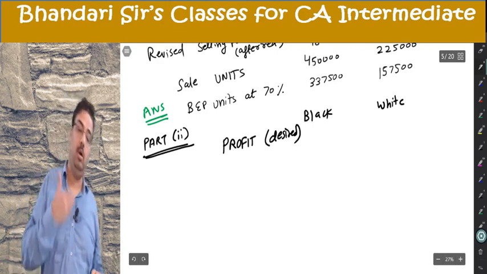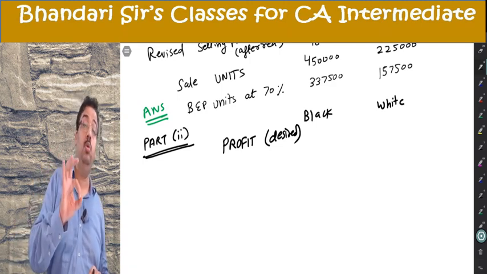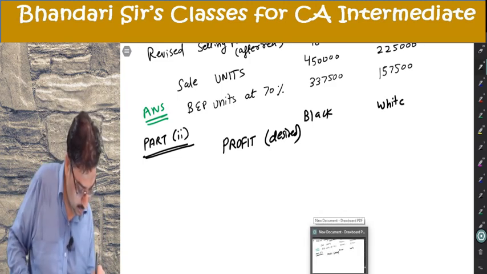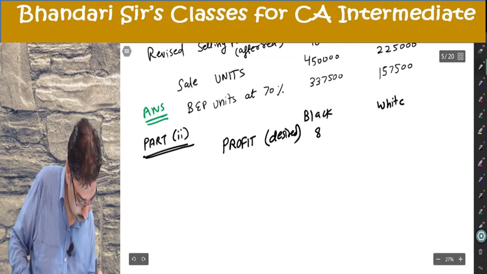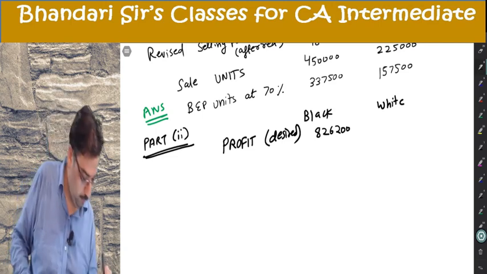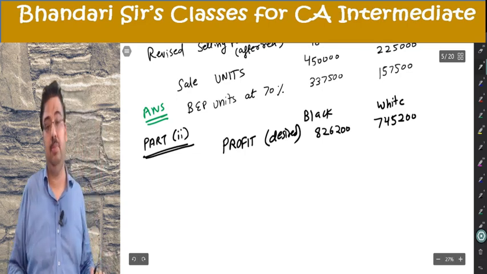You are already earning this. After reducing selling price, they will still want to maintain this by reducing the fixed cost. Profit which is given there is 826,200 and 745,200. They want to maintain this much profit.